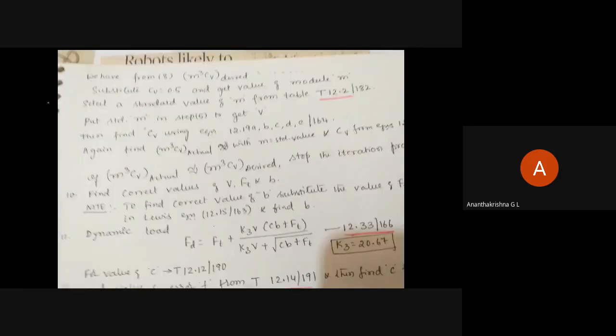assuming CV to be equal to 0.5. That is when I go to the next step and substitute. So what I am going to get is that I have module here, module here, and module here. Please follow me.